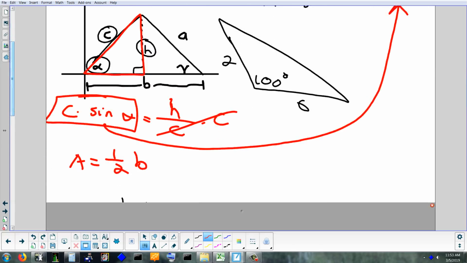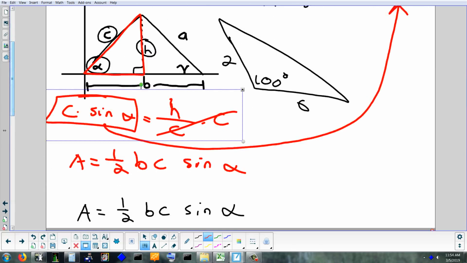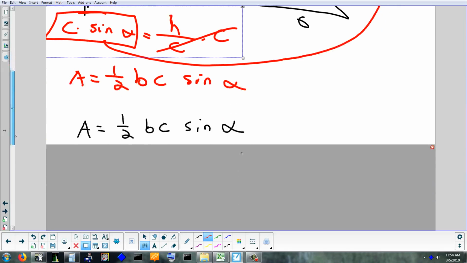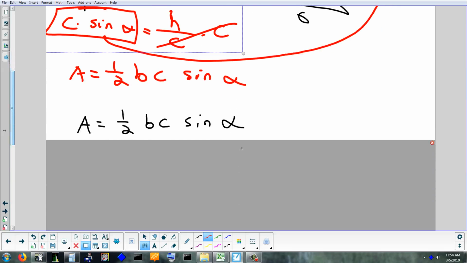They got to give you that. But instead of the height, put c sine alpha, because that's your height. And that's actually the first one I was just going to write below. 1/2 BC sine alpha.